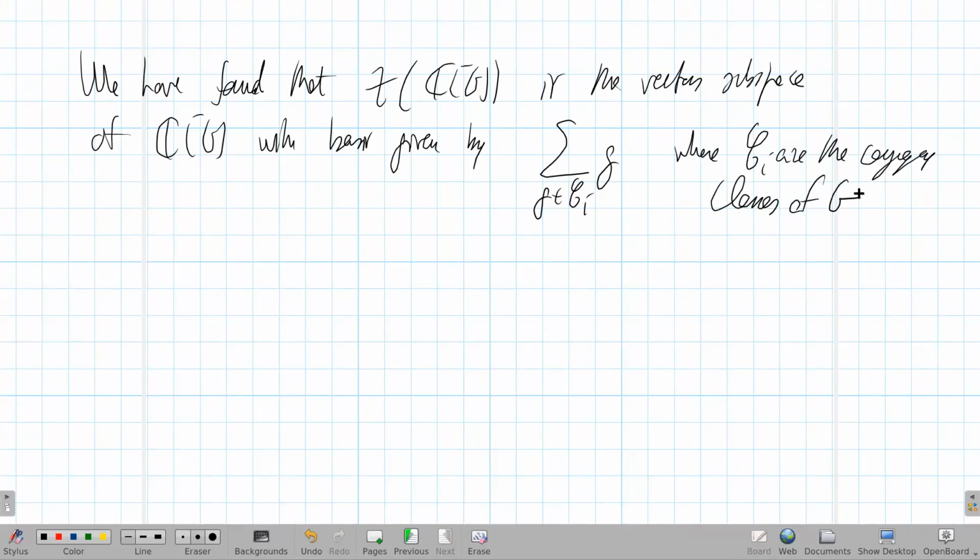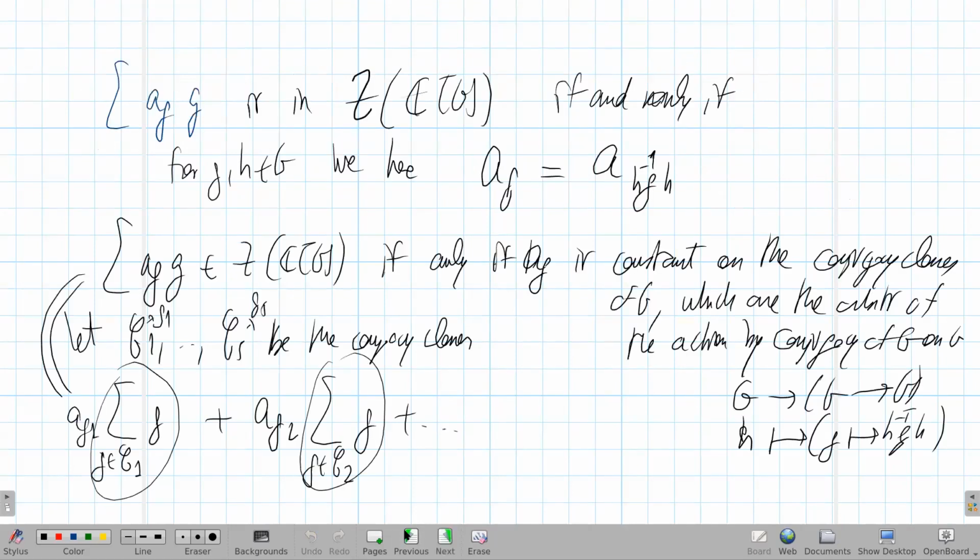Let's say it again, because we found that this coefficient is constant.